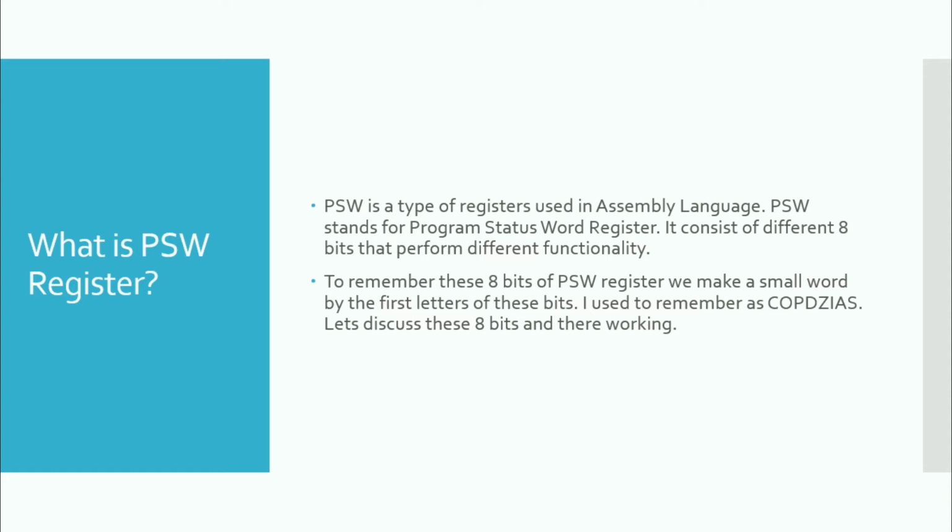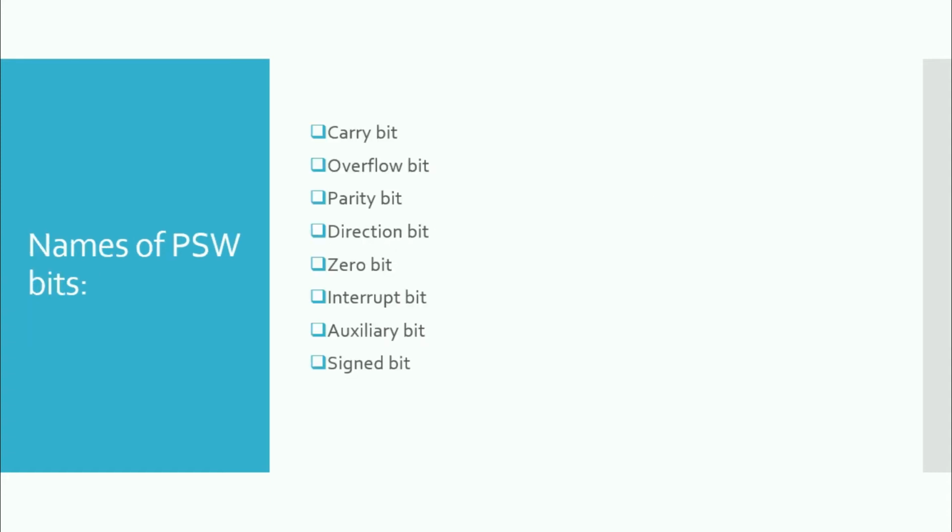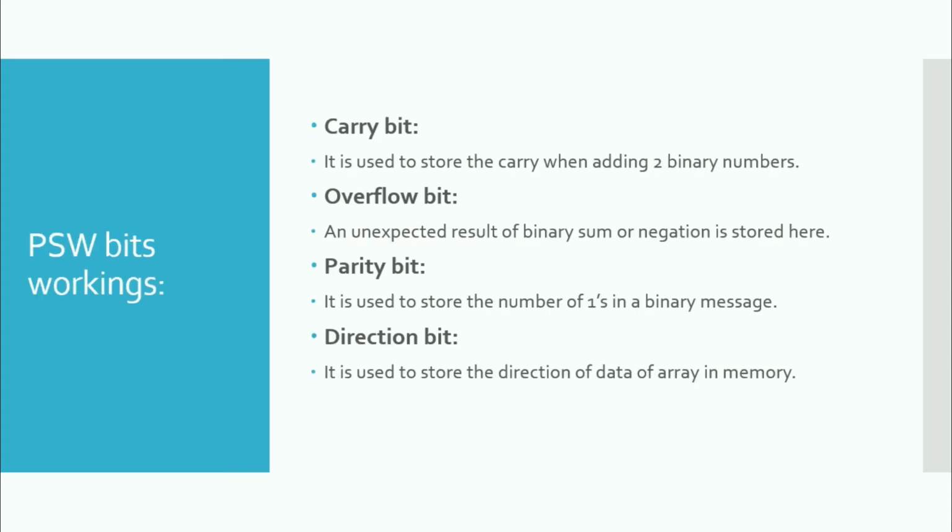So let's discuss these 8 bits and their working. The first one is carry bit, second overflow bit, then parity bit, direction bit, zero bit, interrupt bit, auxiliary bit, and sign bit at last. So let's discuss what these bits do in assembly language.